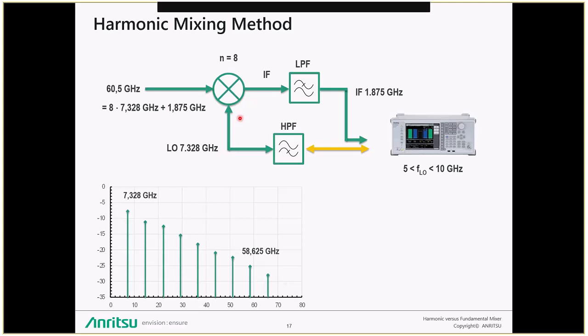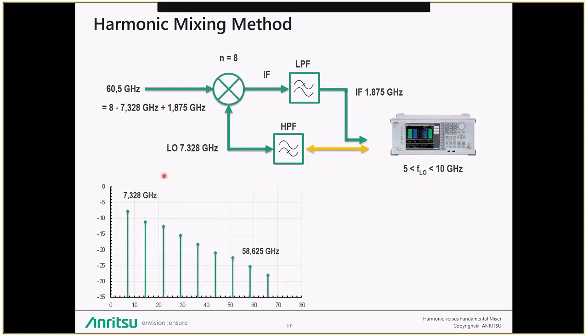Let's consider we are trying to analyze a 60.5 GHz signal. The instrument we are going to use is one of the Anritsu benchtop spectrum analyzers, which is using an IF of 1.875 GHz. Considering the local oscillator frequency can sweep from 5 GHz up to 10 GHz, we need to find the appropriate LO frequency and the appropriate harmonic number to combine with the 60.5 GHz and reach the appropriate IF.